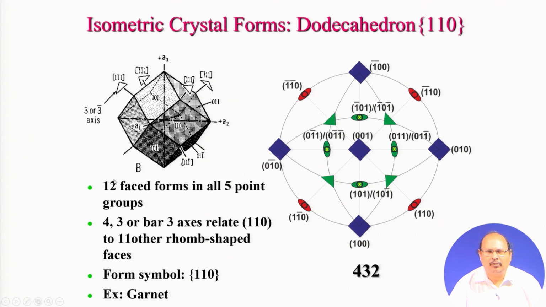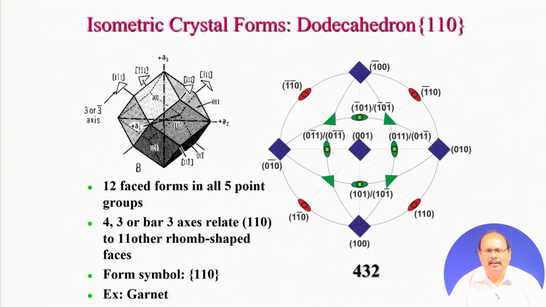And you see the beauty of this crystal form is that if you know the position of one particular face, the positions of 11 other crystal faces become automatically fixed, and all the 12 faces are crystallographically related or symmetrically related to each other.